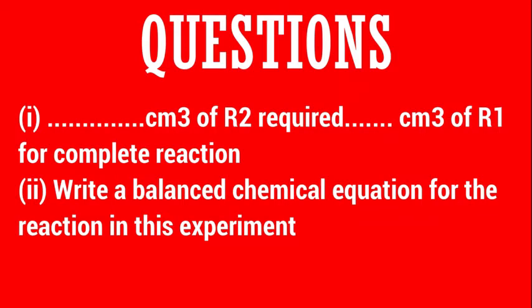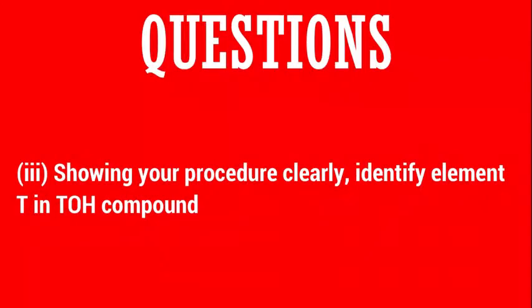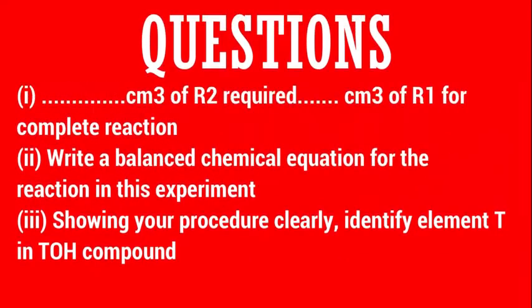And the last question, which is very important for you to know the procedure of solving: showing the procedure clearly, identify element T in T hydroxide as a compound. After checking those questions, now let's proceed with the answers and the solutions step by step.